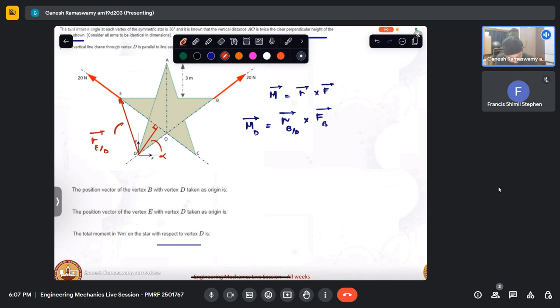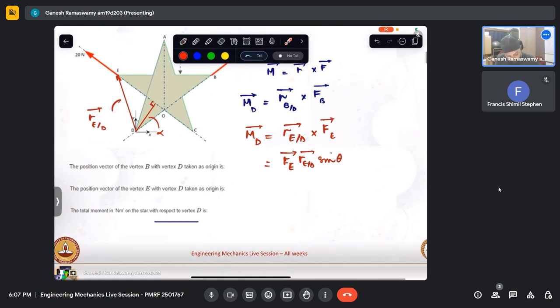So moment about D would be R of E with respect to D crossed with force F at E. Now this cross product will essentially result in F E times R of E with respect to D times sine theta, which happens to be 1.